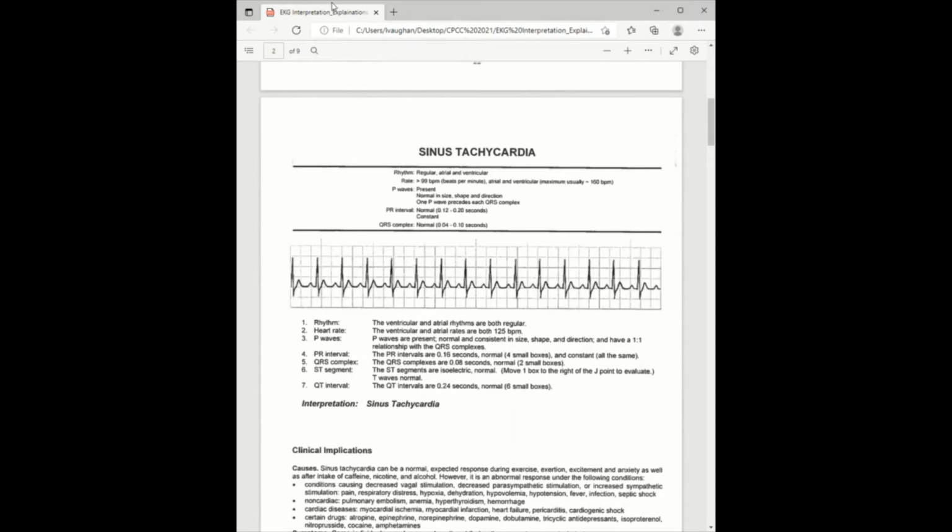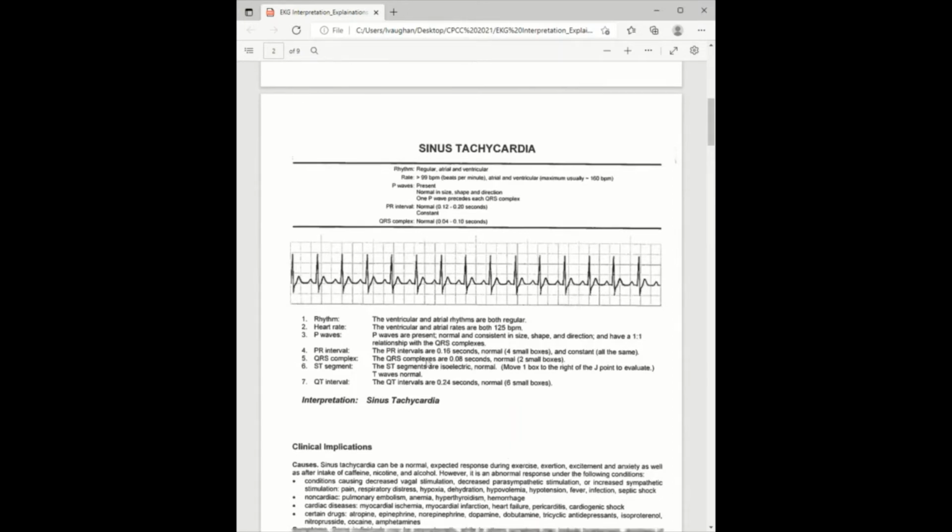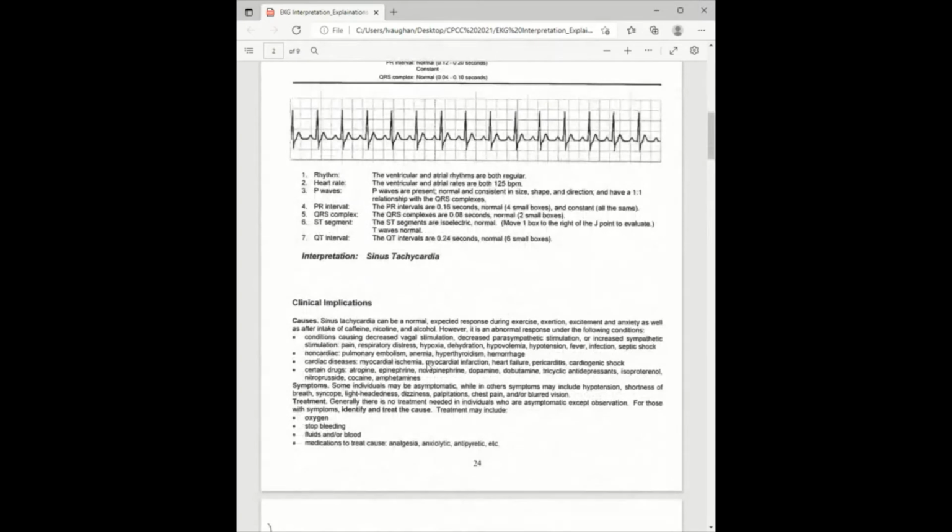So our sinus tachycardia, like if you're exercising, you notice that your heart rate goes up. You're going to have a sinus tachycardia. Excitement, anxiety, all can make your heart rate go faster.